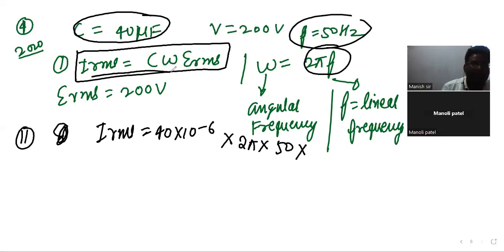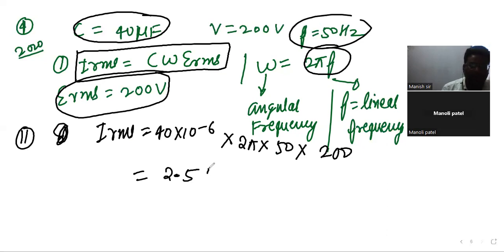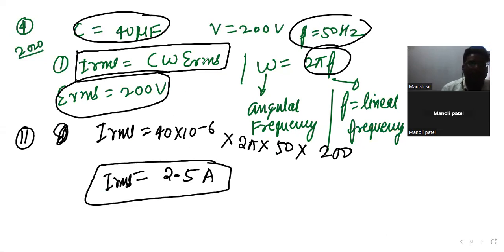And ERMS value is 200 volts. So put here 200. Now calculate it, you will get the value. So it is coming out to be 2.5 ampere IRMS. So here the main point is to remember this formula, C into omega into ERMS. So please write it down.